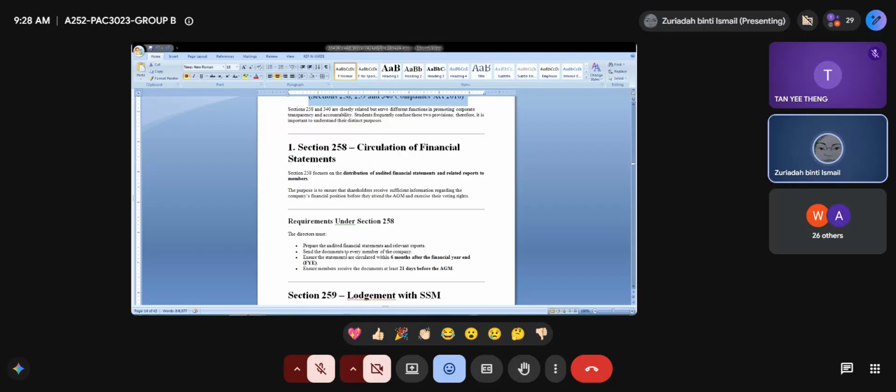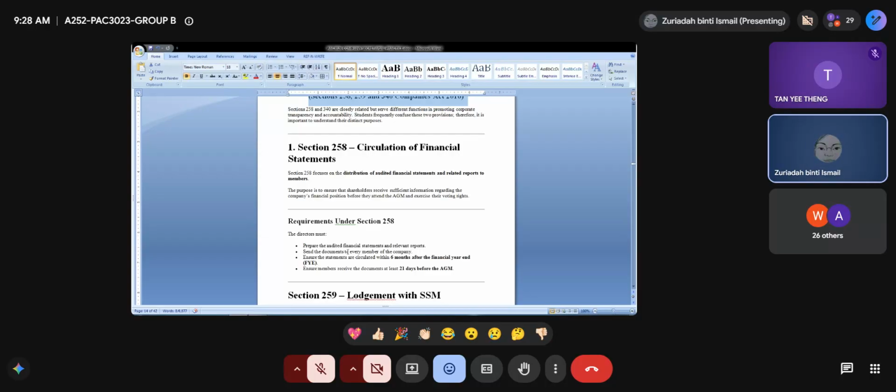Then send it to members. The financial statement must be circulated within 6 months from the accounting closing date. Each member receives the document because this financial statement will be tabled at the AGM.